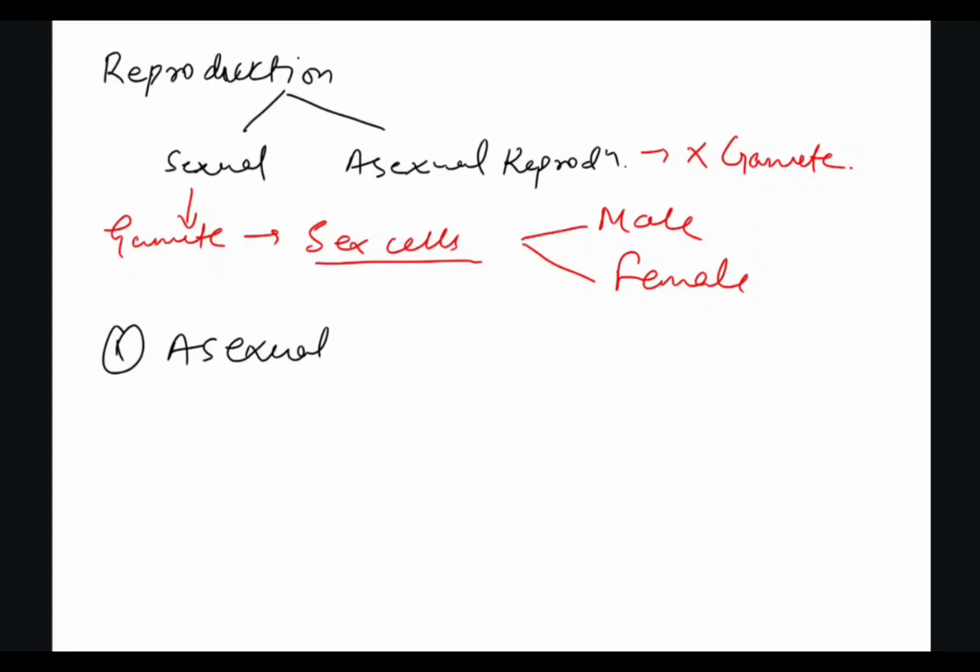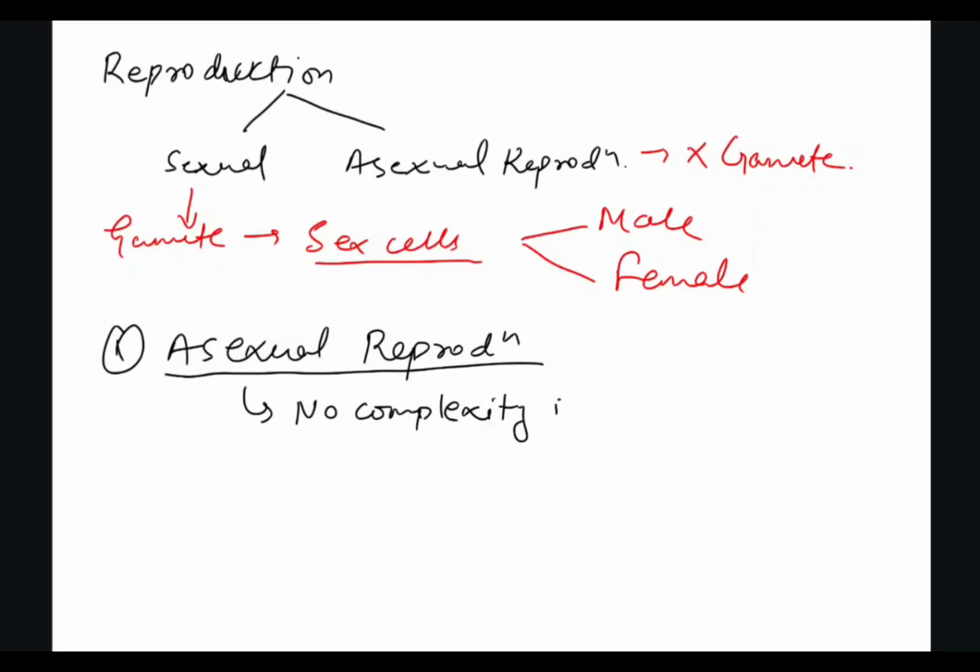In asexual reproduction, it takes place commonly in lower organisms. And by lower organisms, there are lower plants and lower animals, where the body is not that complex, with no complexity at all in their morphology.